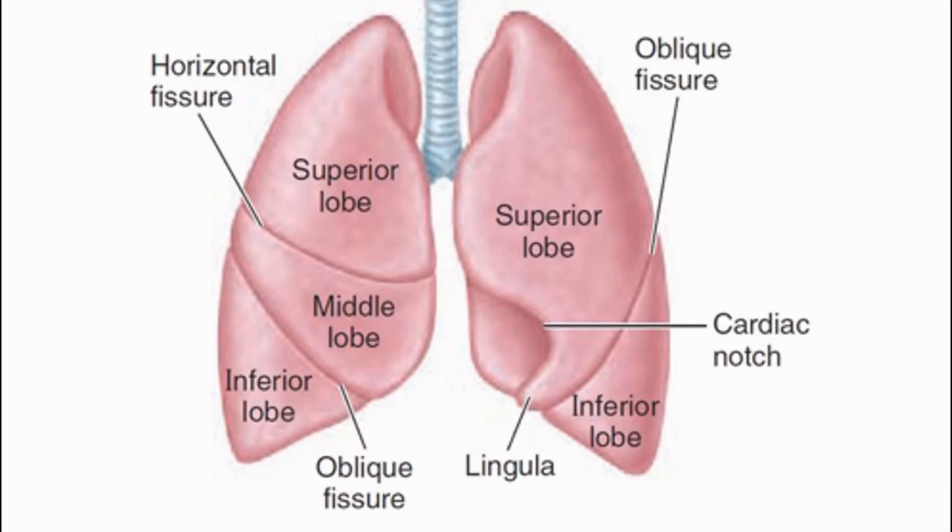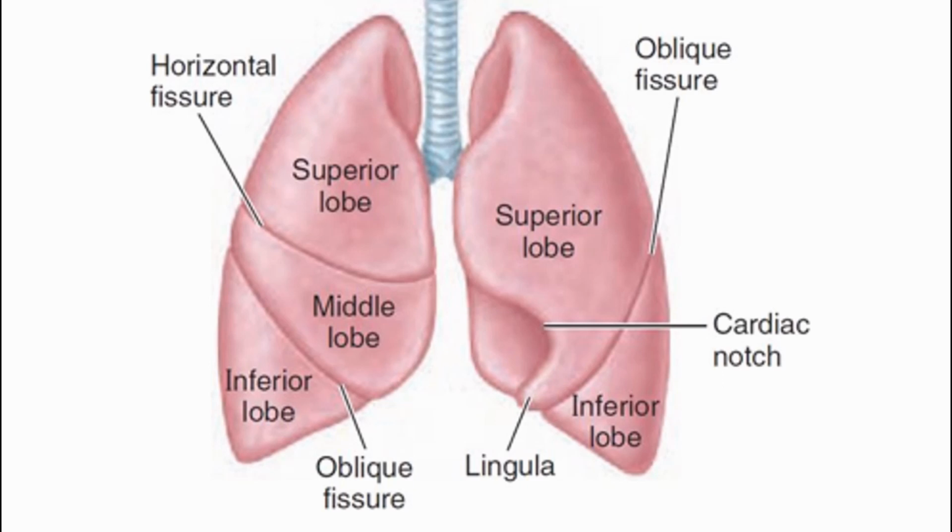These are the 2 lungs, the right and the left. Now, the right lung is divided into 3 lobes: superior, a middle, and inferior lobe. Then, between lobes, there are fissures.